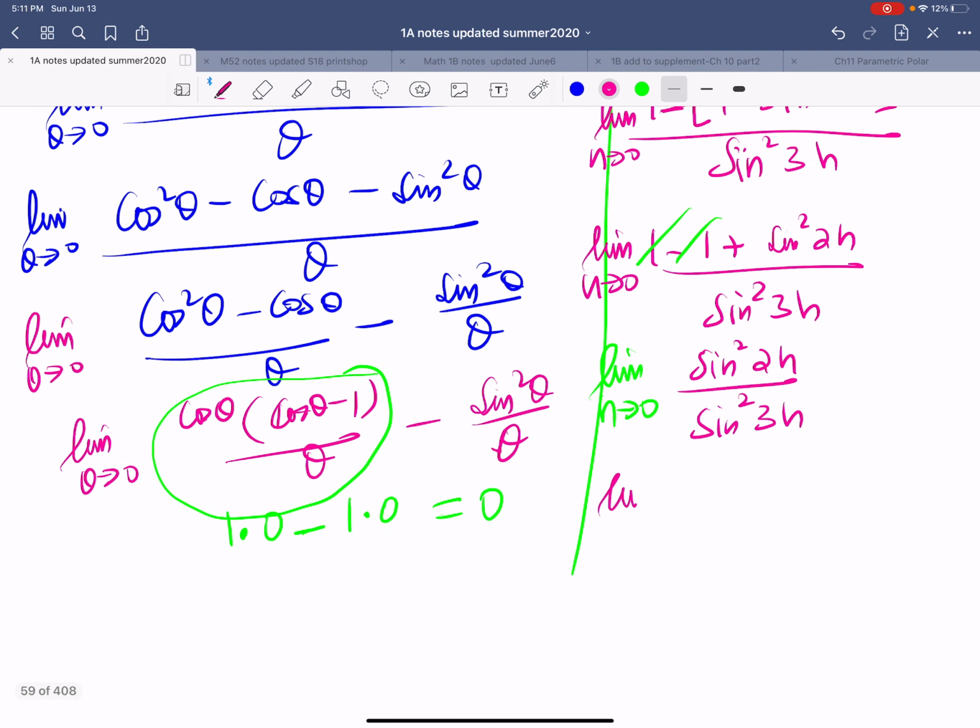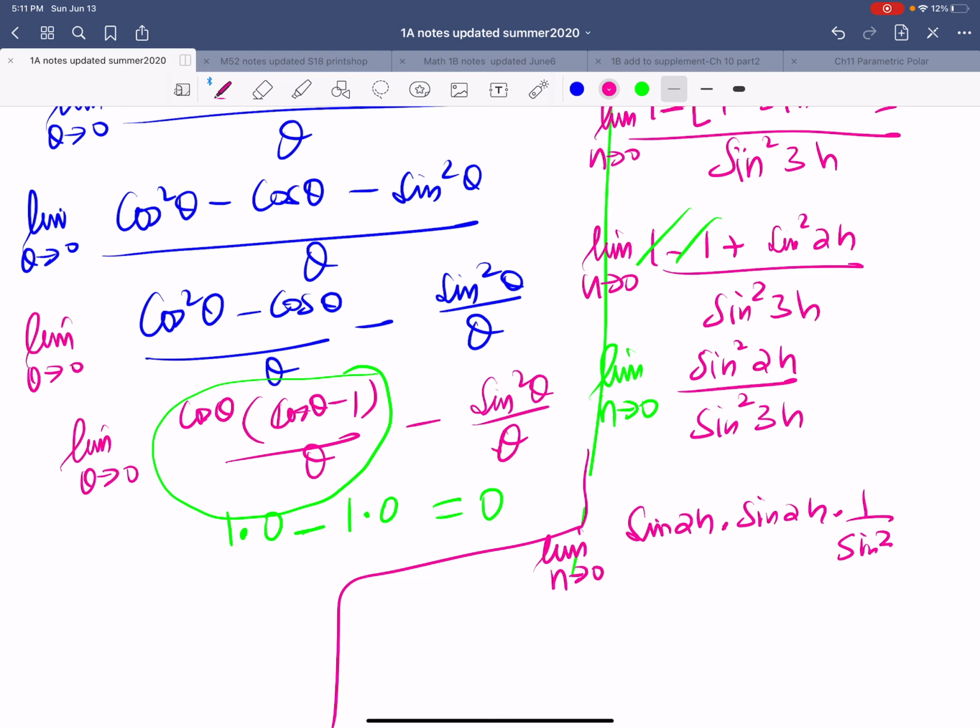We can write them separately: sine 2h times sine 2h, times 1 over sine 3h times 1 over sine 3h.